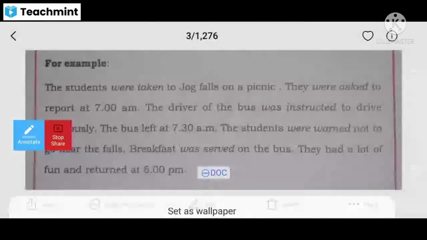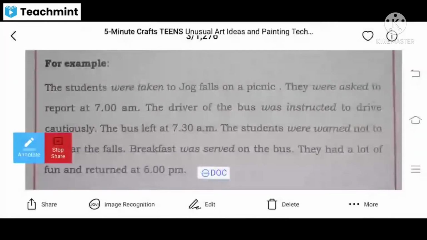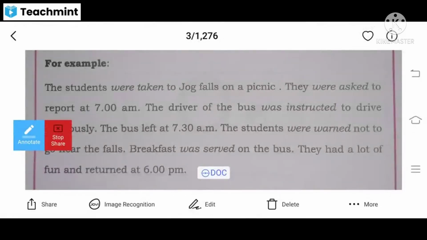The students were taken to Jog Falls on a picnic. Here, were taken is underlined because were taken is the passive voice form. Students were taken. Students, plural, the subject is plural. That's why were taken must be used.